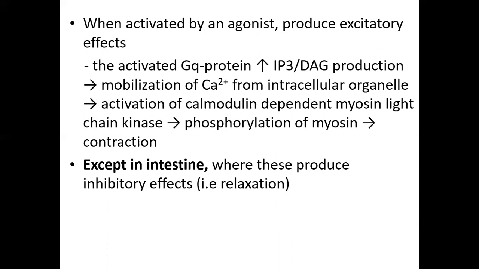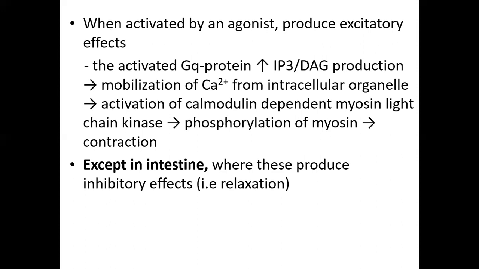When activated by an agonist, they produce excitatory effects. These are G protein coupled receptors. The activated Gq protein increases the production of IP3, inositol triphosphate, and diacylglycerol, thereby causing mobilization of calcium from the intracellular organelles.